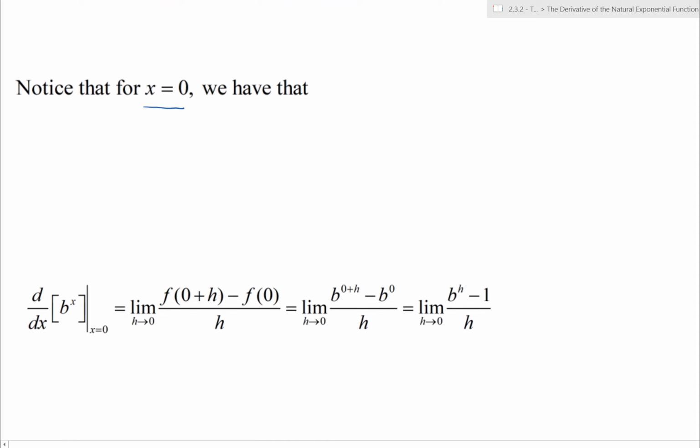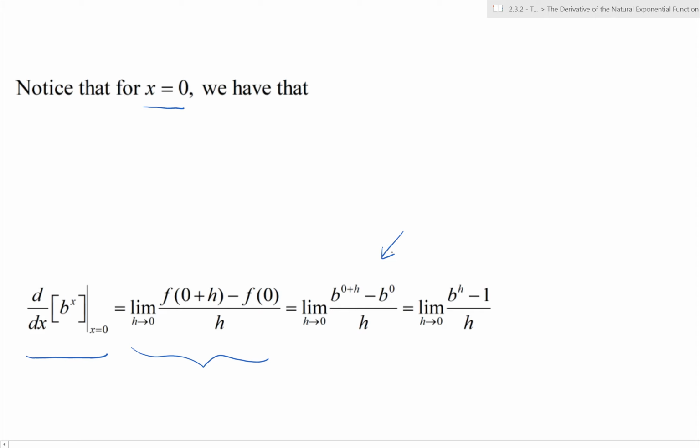Well, we should take notice of this. If x is 0 and say I want to evaluate my derivative of b to the x at x equals 0, then by definition, that's going to be the limit as h goes to 0 of f of 0 plus h minus f of 0 divided by h. And since our function, of course, is b to the x, then we get this statement right here.